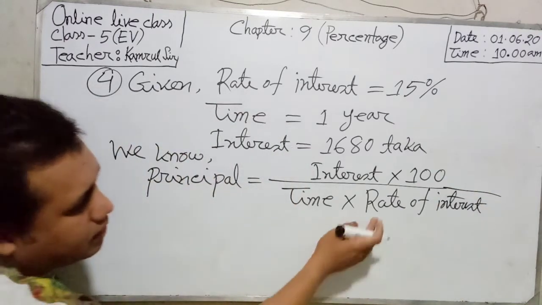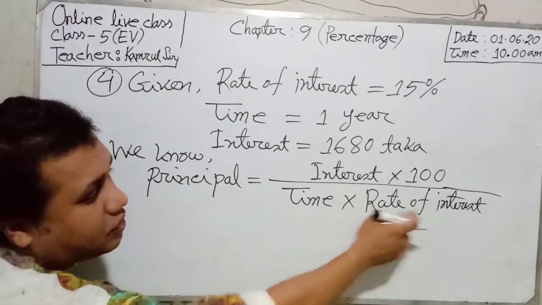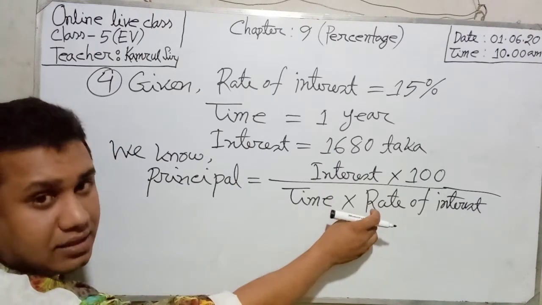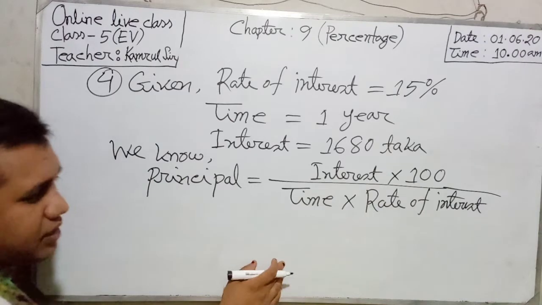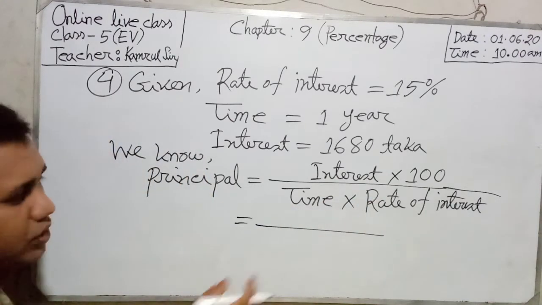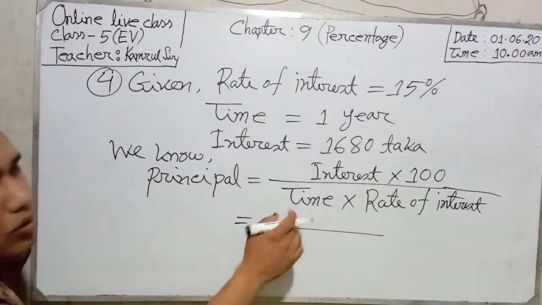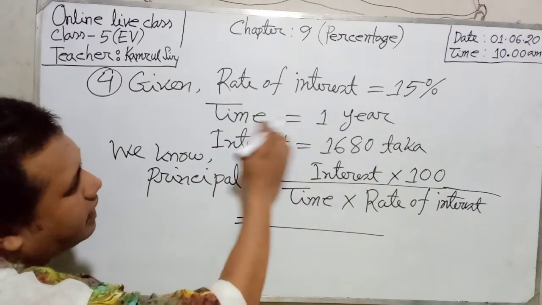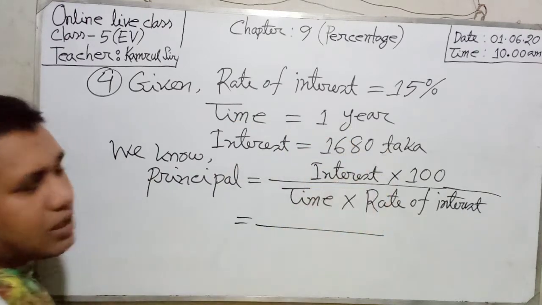In some books, instead of rate of interest, they just write rate. Rate of interest or rate, same meaning. Now this is our formula, so we need to input the values. Look, rate of interest 15%, time 1 year, interest 1680 taka.